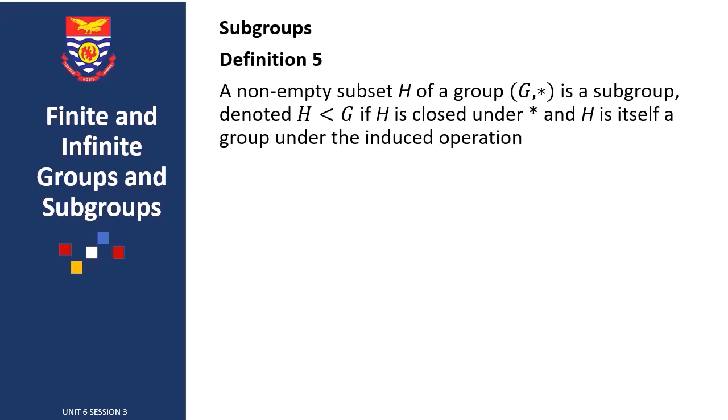Once this condition is satisfied, we say that H is a subgroup of G, and it's written like that. We can have a number of examples in your course material, which are simple and self-explanatory. So go through them, and mention some of the examples of subgroups you know.